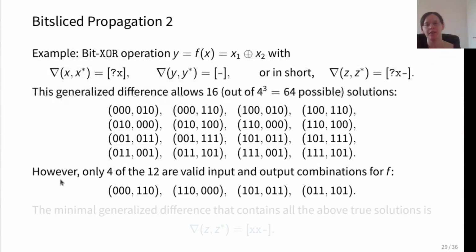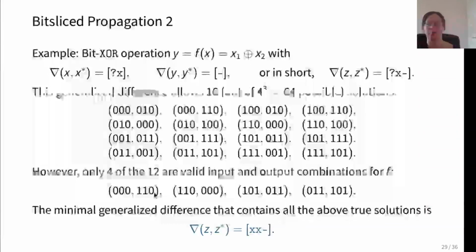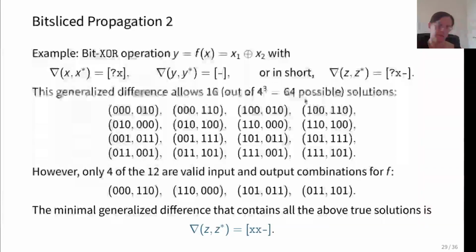So this means that we can describe these cases here with a stricter generalized condition, namely XX dash, meaning the first pair is always different, the second pair is always different, and the third pair is always equal. So we have propagated from this to this by simply enumerating all possible solutions and checking whether there is a stricter description of this than we had.